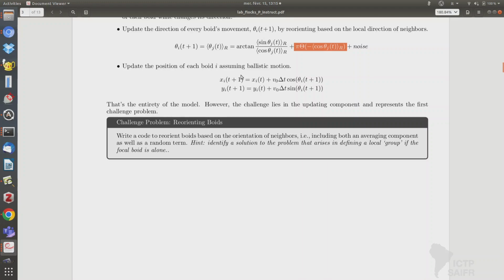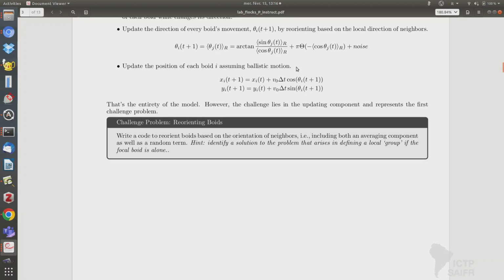And then you update the position. Again, in our simplified version of this model, all birds have the same scalar speed. And you update the positions of the birds based on this discrete time rule. So you basically just multiply the speed times delta t times the direction. So this gives you the update rule to go from t to t plus 1.